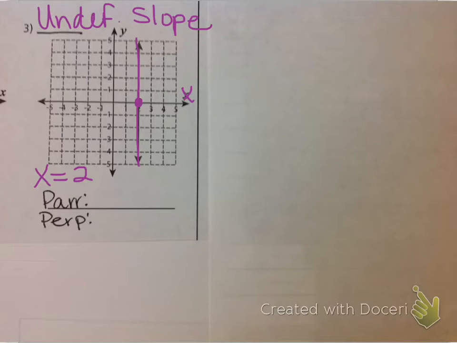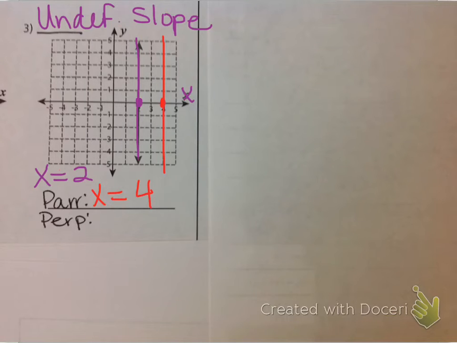Now for my parallel line, any line straight up and down, just like that one, can be parallel. So I'm just going to pick one right here. That's going to be crossing on the 4. So the parallel line is going to be x equals 4. Again, you can pick any line that is parallel, straight, vertical, up and down, but I just decided to pick 4.